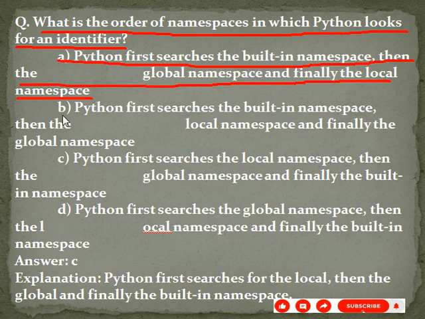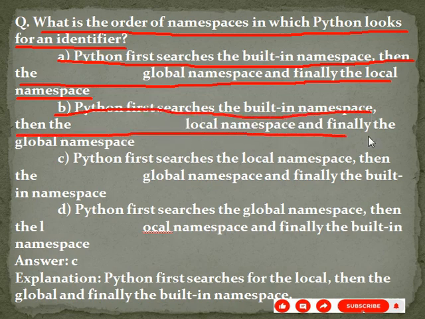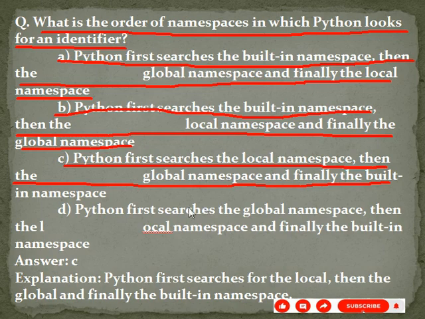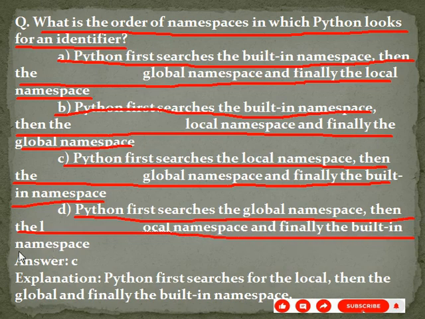Option B, Python first searches the built-in namespace, then the local namespace, and finally the global namespace. C, Python first searches the local namespace, then the global namespace, and finally the built-in namespace. Option D, Python first searches the global namespace, then the local namespace, and finally the built-in namespace.